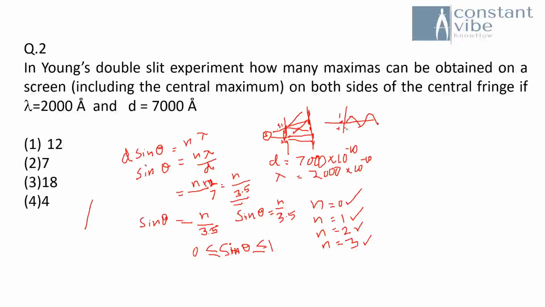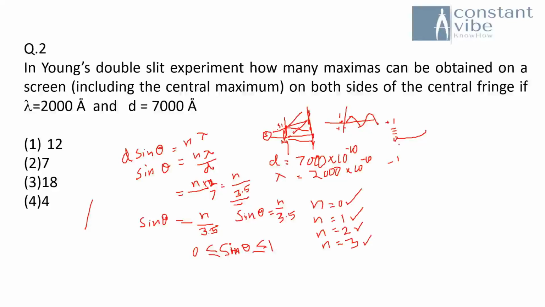So how many values will come in between minus 1 to 0 and 0 to plus 1? Including 0, the values of n, 1, 2, 3, come in between 0 and 1.